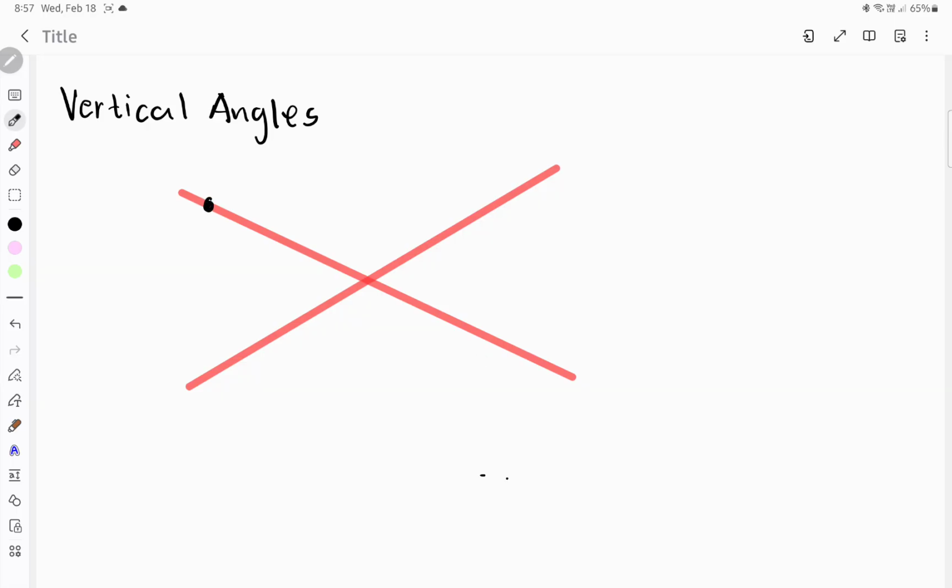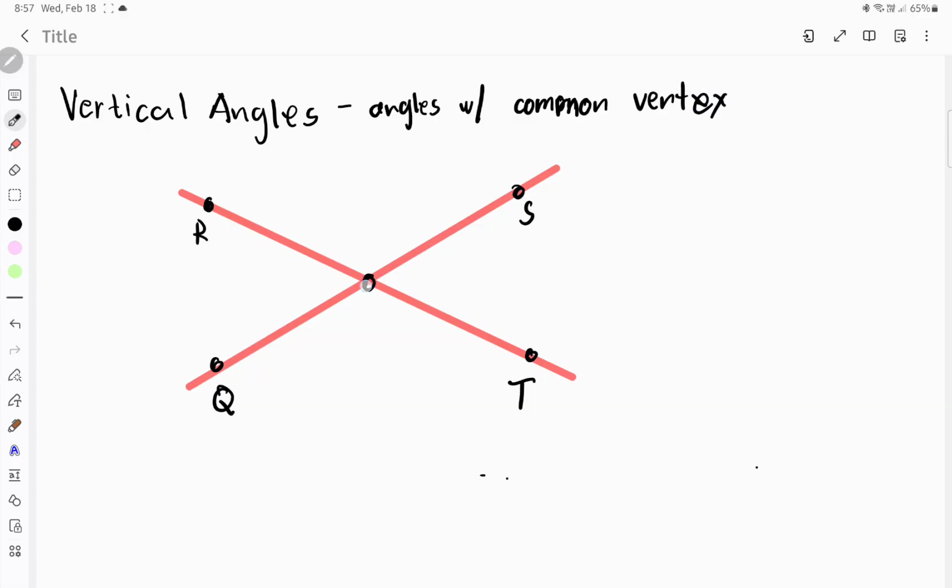Assuming these are point R, point S, point P, and this is Q. Now, when we talk about vertical angles, they are angles with a common vertex. This is vertex K.